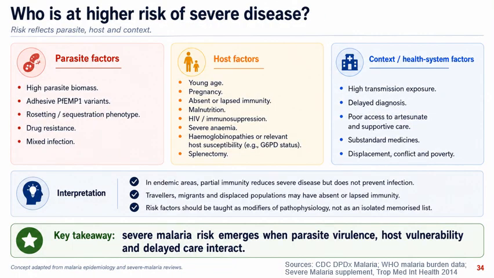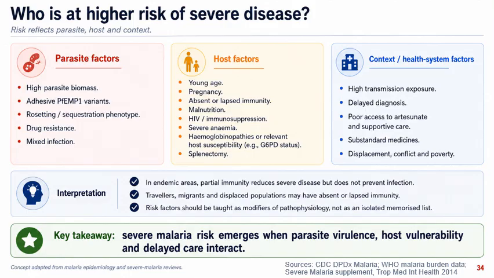Now let's discuss who is at higher risk of severe cases of malaria. Risk emerges from the interaction of parasite, host, and context. Parasite factors include high biomass, adhesive PfEMP1 variants, strong rosetting and sequestration phenotype, mixed infection, and drug resistance.